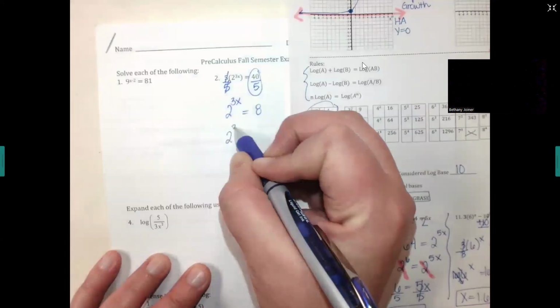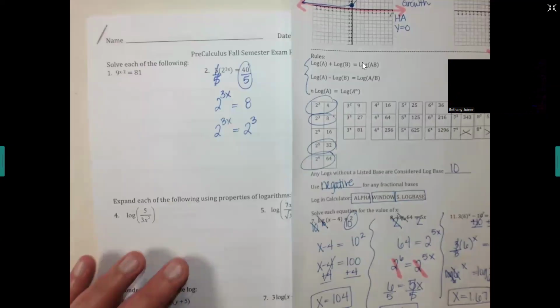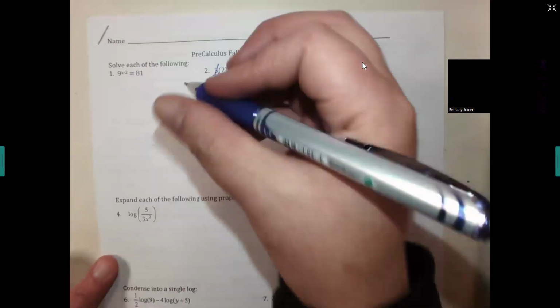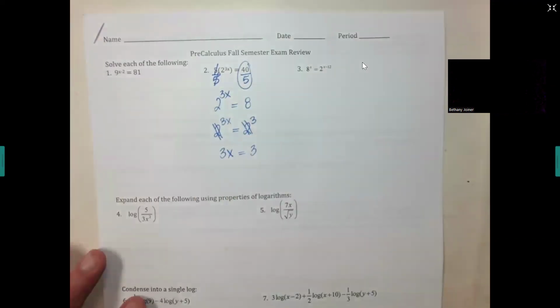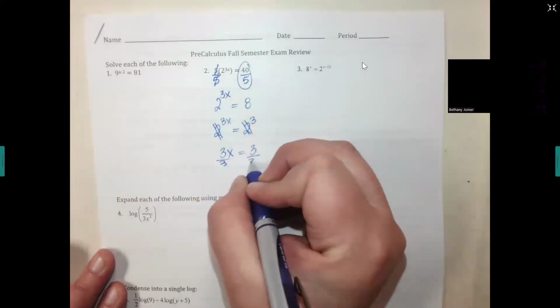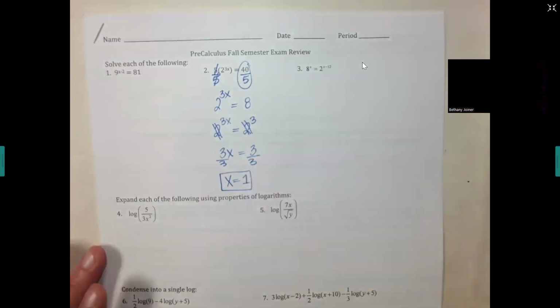So I have 2 to the 3x equals 2 to the 3. Then, once I have those 2's in common, cross those guys out, and you have 3x equals 3. From there you can divide that 3 off both sides, and you have x equals 1.